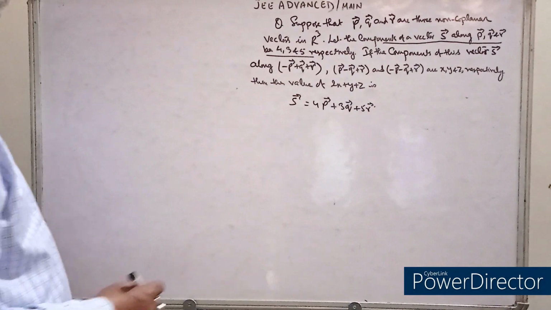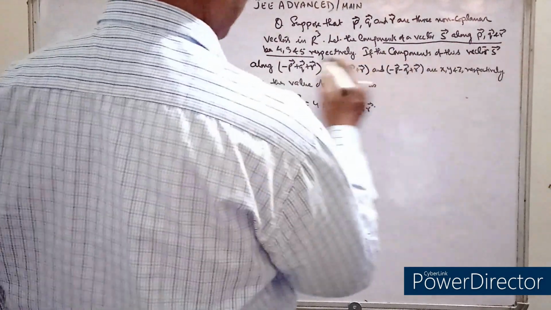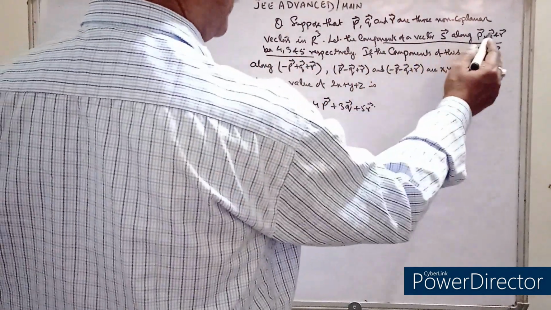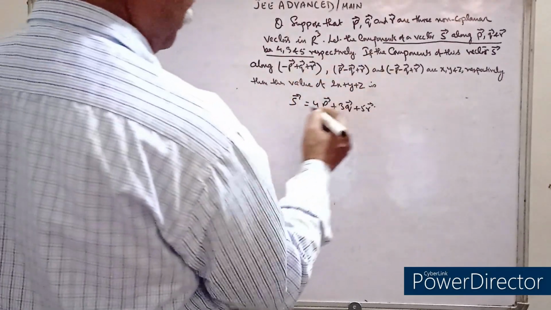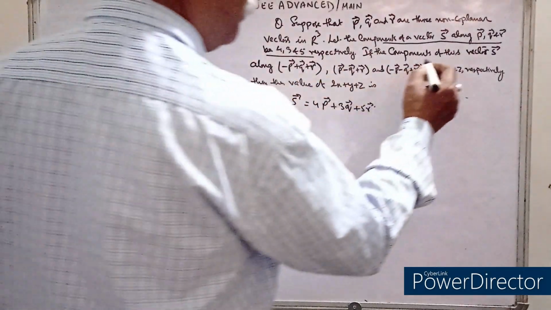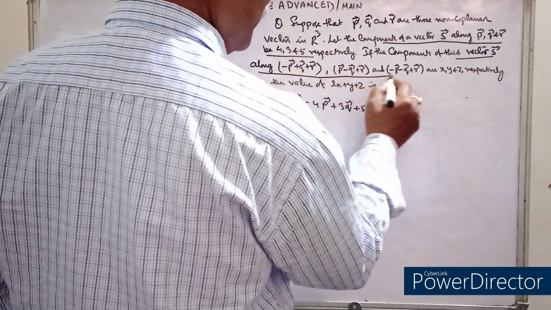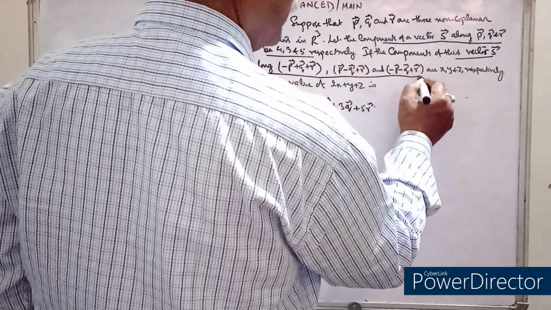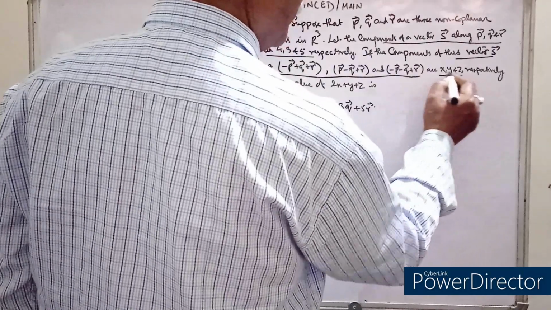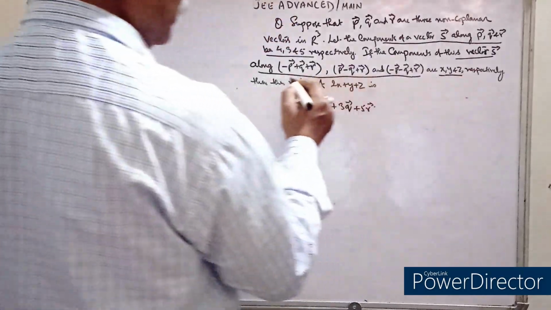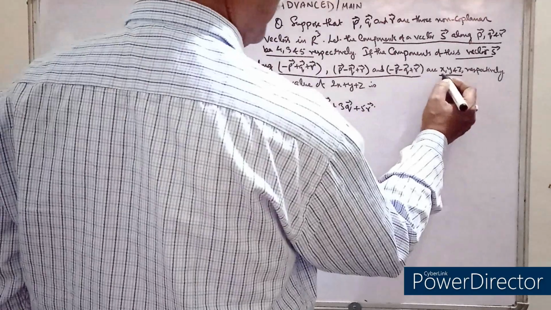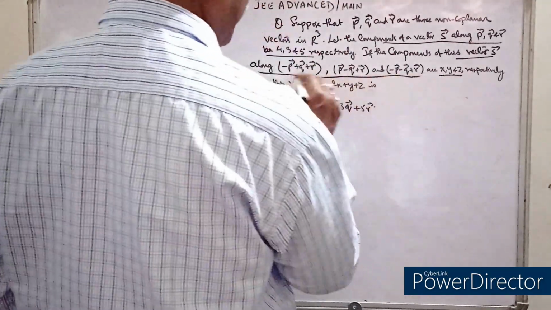The meaning of this is: the components of vector S along these respectively mean that if the components of S vector along these are x, y, z, these are the scalar components for these vectors.